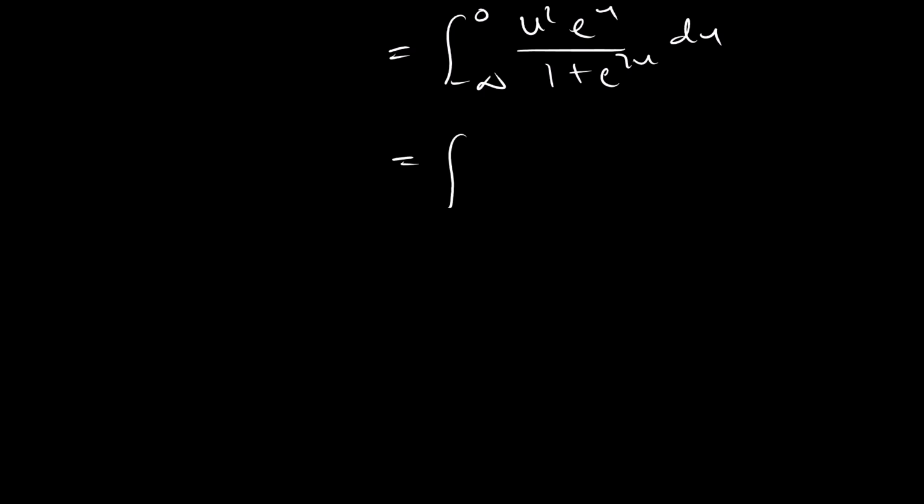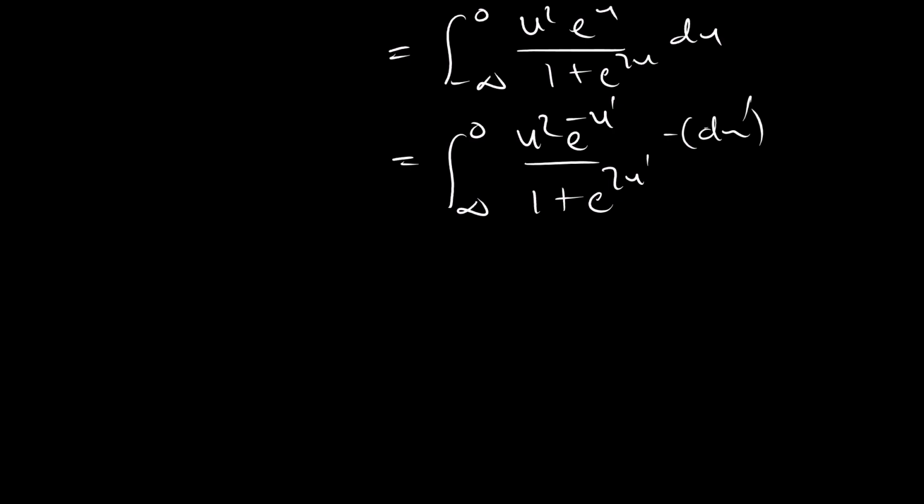So this is u squared, and we can change around the sign, so we have 0 to infinity u squared e^(negative u') over 1 plus e^(2u'), negative du'.